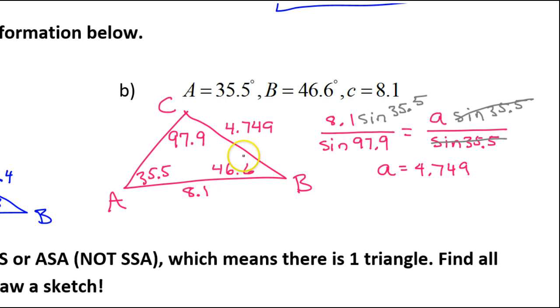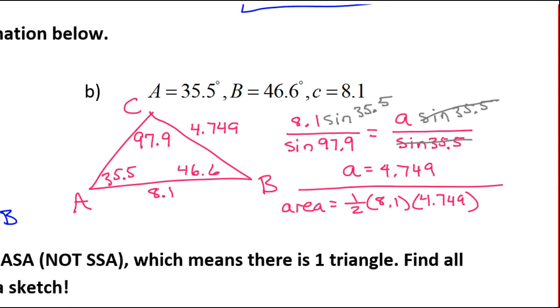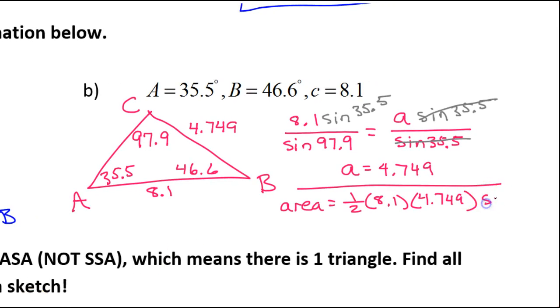Okay, that puts me in a position to find the area of the triangle, which is what I really wanted to find. Okay, so now I can say the area is equal to 1/2, and I'm going to do 8.1 times 4.749, and then times the sine of the included angle.